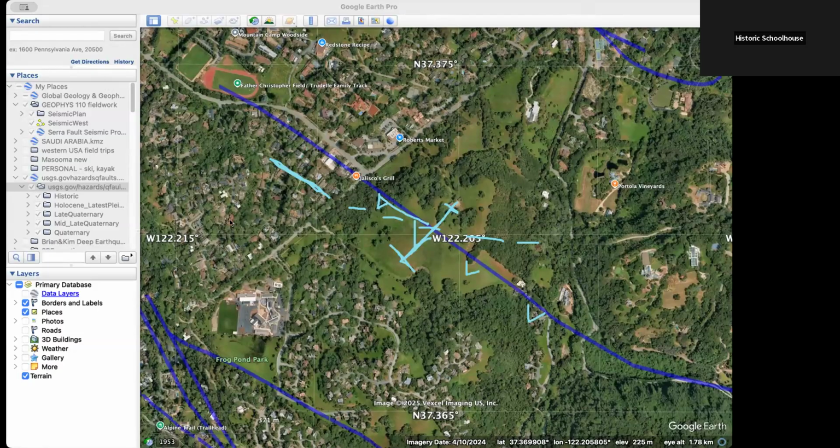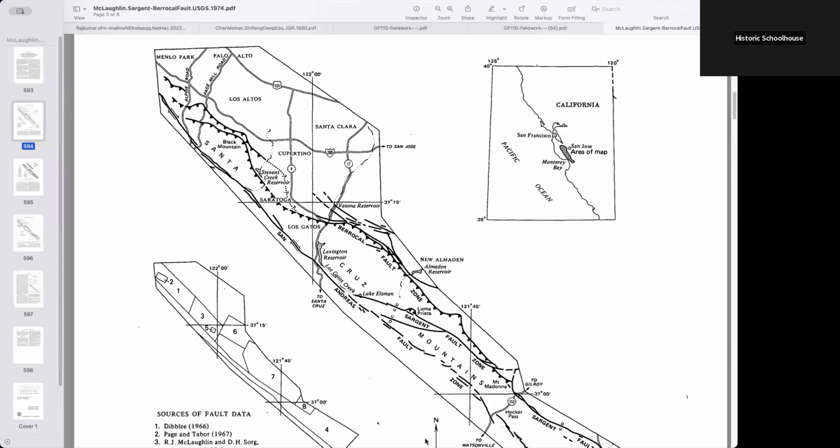So here's a 1974 paper, and you can see that it only just reaches Alpine Road. Oh, I'm sorry, I failed to change my share. Apologies. There we go. So this is the USGS report from 1974, and Bob McLaughlin mapped the Sargent and Berrocal faults all the way from Gilroy up to our region.